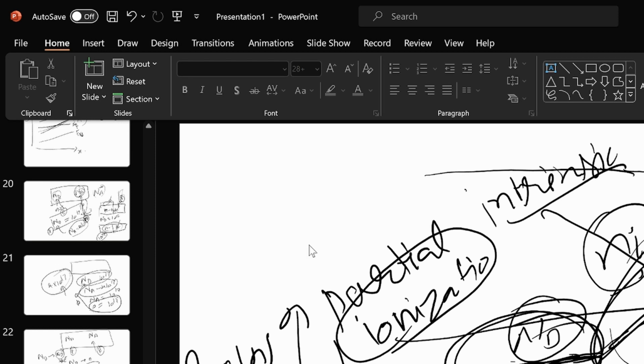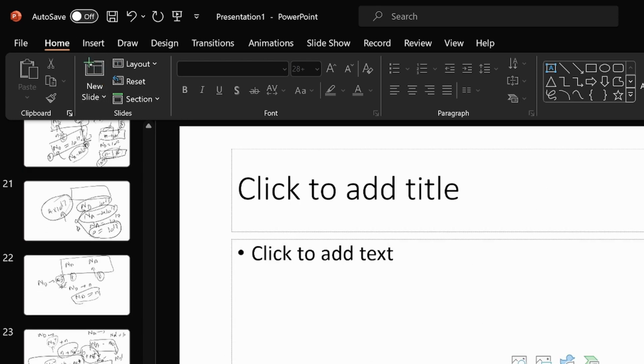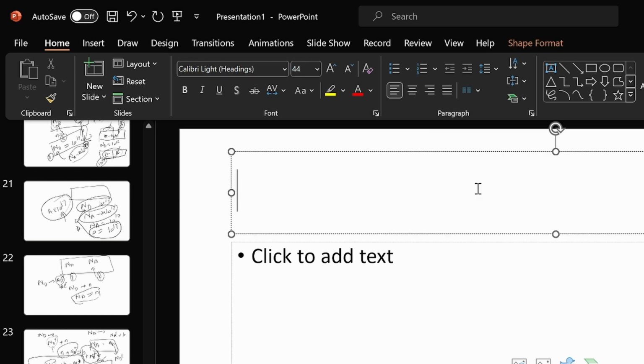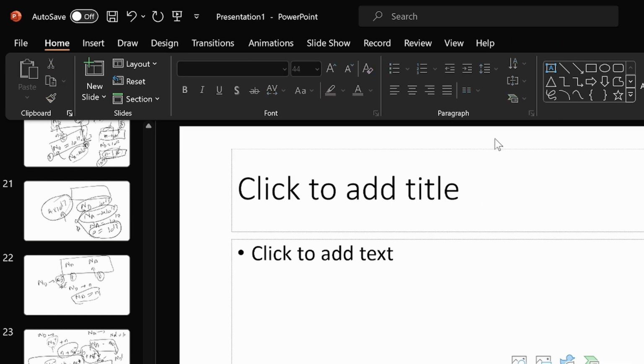Another thing I want to tell you about is the Fermi level, how it depends on the temperature. Let me just gather my thoughts on this.